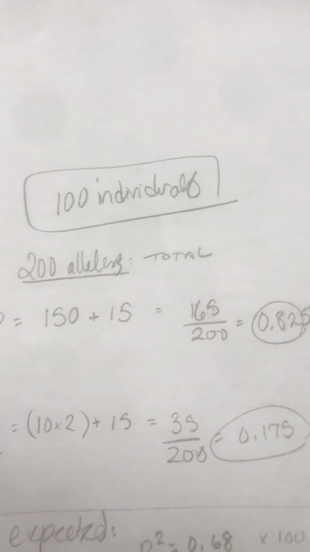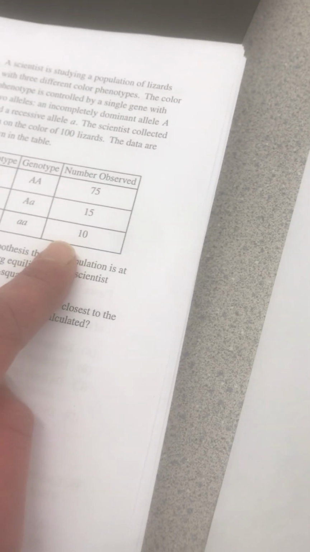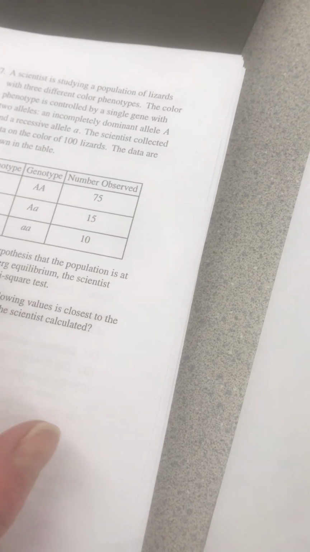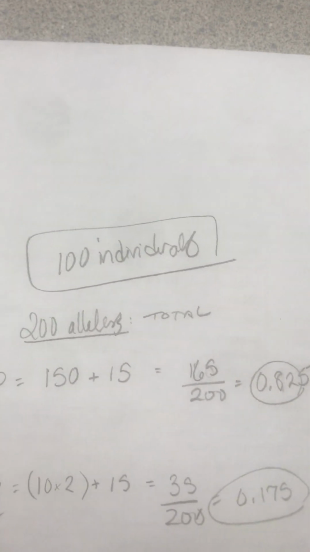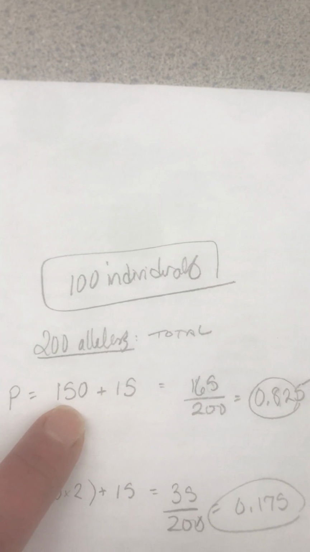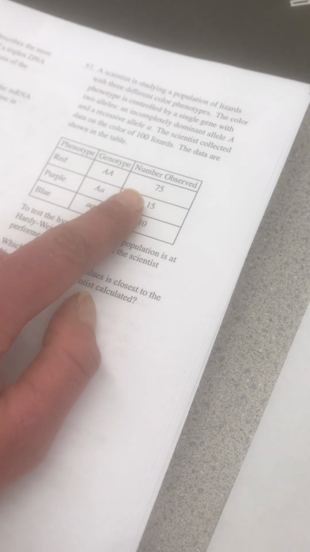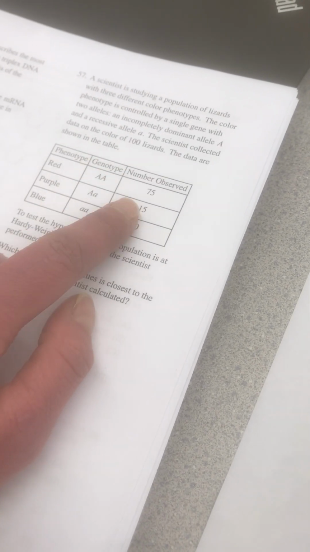If we account for that, and we have all of the numbers of the observed, which we do, then we can use these numbers to figure out what our p and q is. The first thing we start with is our p. We see there's 75 that are homozygous dominant, and there's 2 alleles for each, so you do 75 times 2, that's 150.